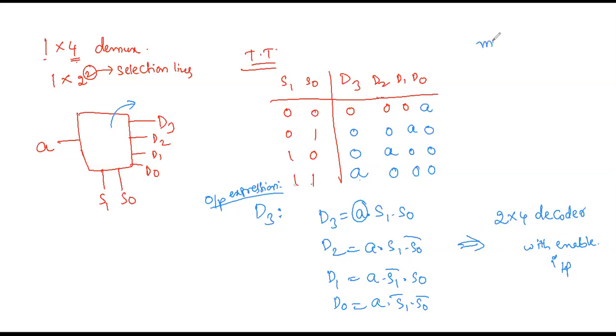Generally, mux will be symbolized like this. We are taking the data from many input lines and giving it to a single output. Selection lines will be here. Demux is 1 to many, like this. This is the general representation. You can represent it with a black block also. No problem.